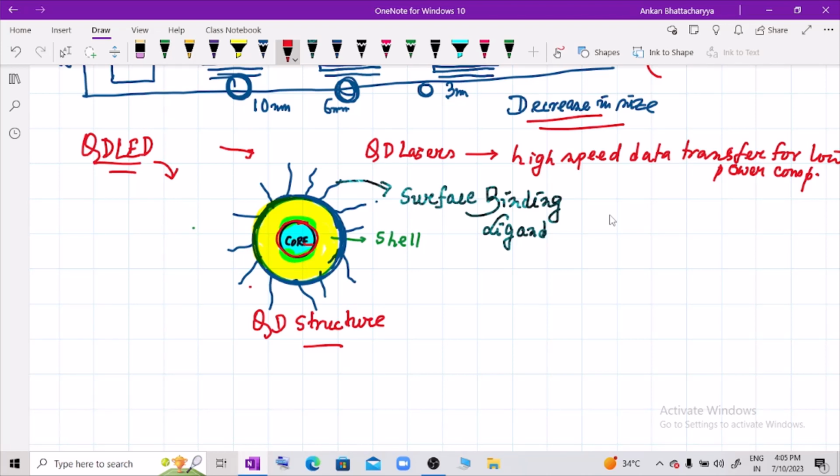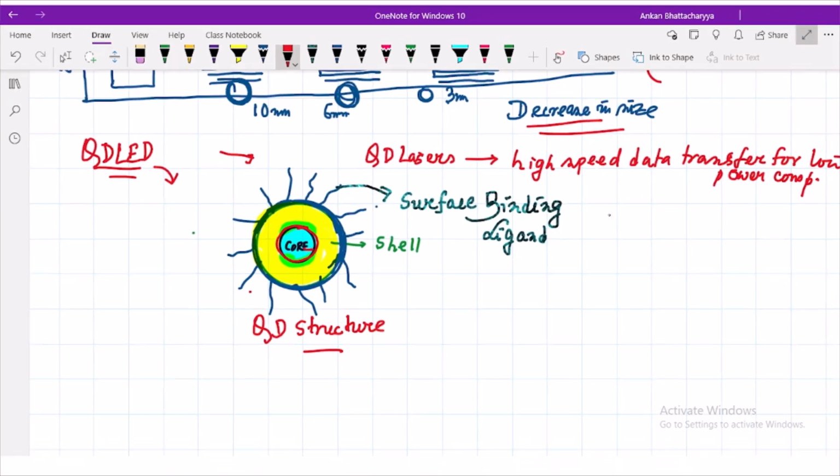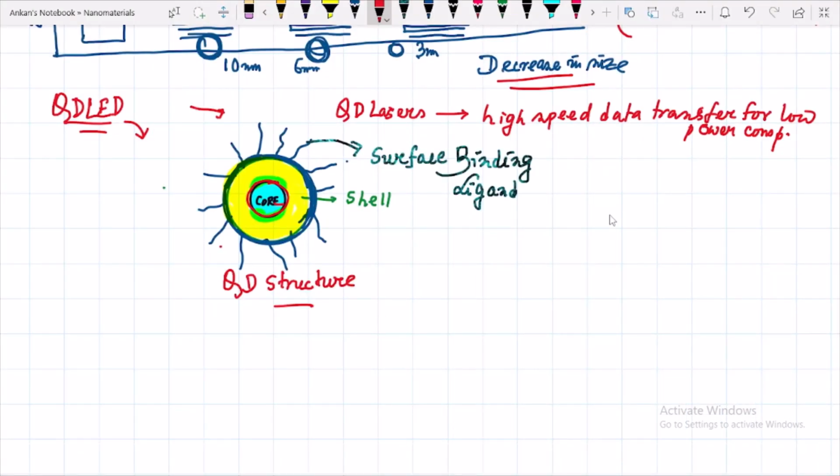Now let us move on to the quantum dot solar cell. Like the quantum dot LED has superiority over the normal LED, the quantum dot solar cell is also superior as compared to the normal solar cell. By which process?